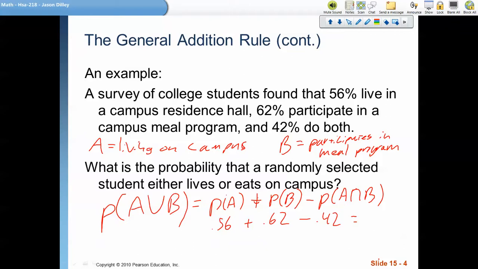And so then I just need to do some addition and subtraction. Let's see, 0.56 plus 0.62 is 1.18, right? Which we know, by the way, is not a valid probability anyway, because they add up to be over 100%. So 1.18 minus 0.42, that's 0.72?